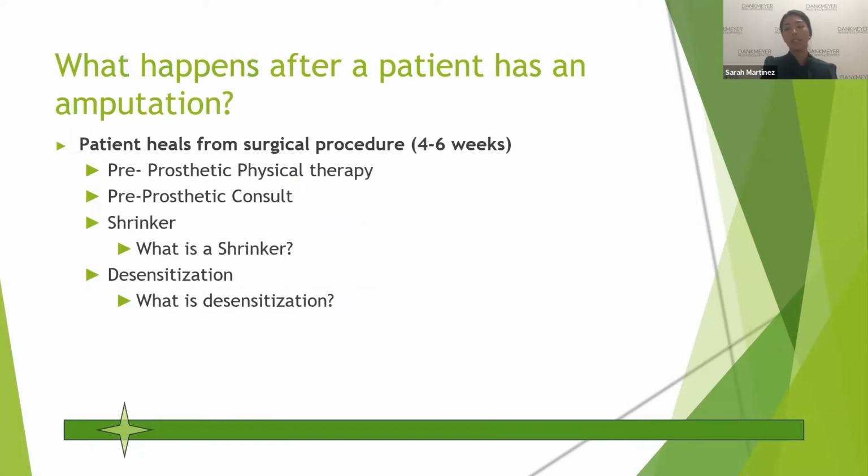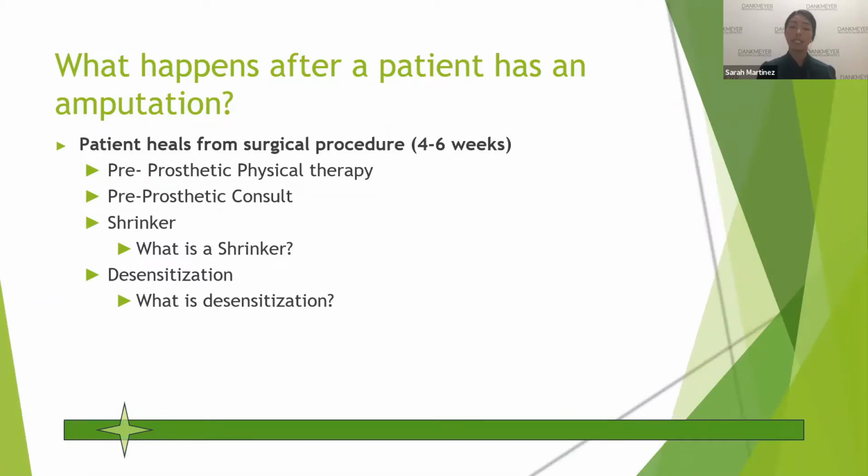All right, so starting at the very beginning, once the patient has an amputation. So what happens after this surgical procedure? We're waiting for the patient to heal, and that can take anywhere between 4 to 6 weeks. It can take longer sometimes, depending on if there are any vascular complications or what the mechanism of injury was.